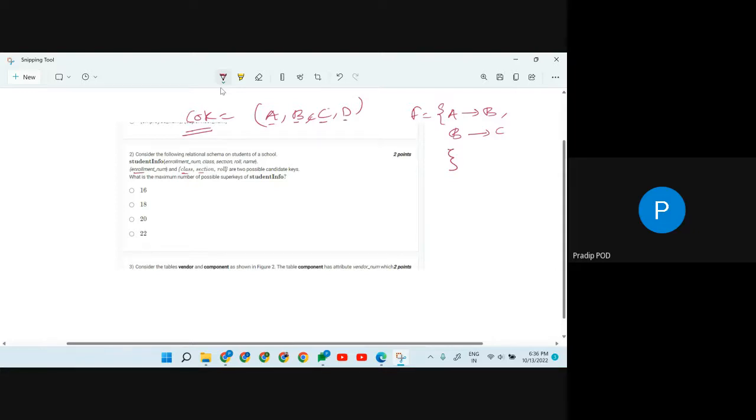Suppose you are a database administrator and you want to choose one primary key, because only one is possible as the primary key. So you choose B as your primary key.